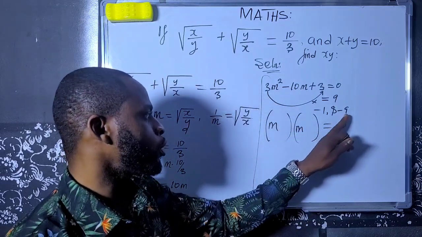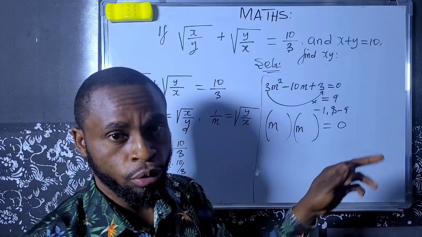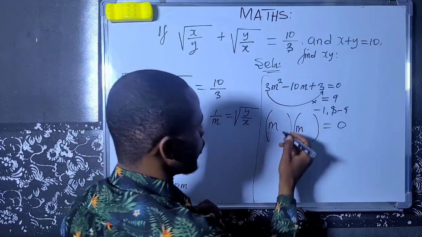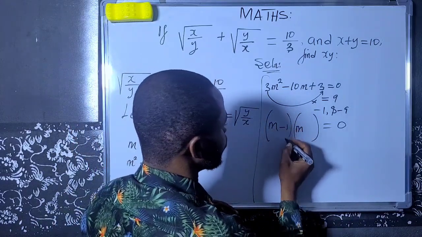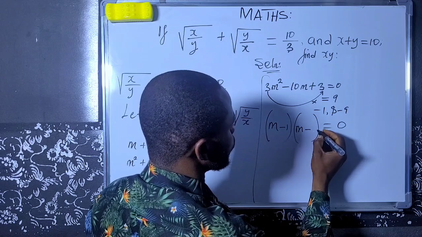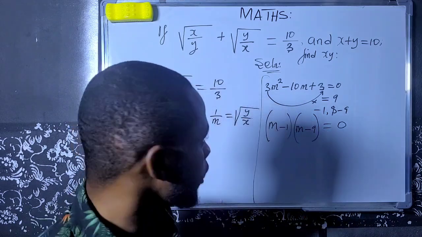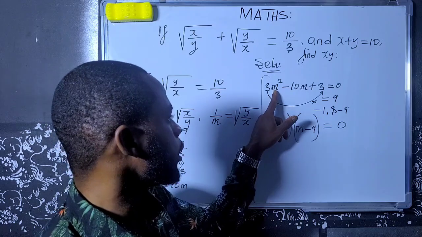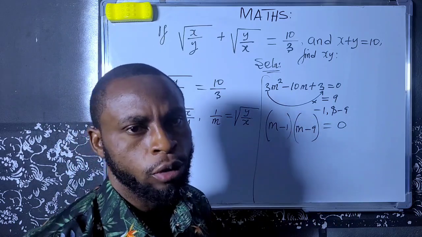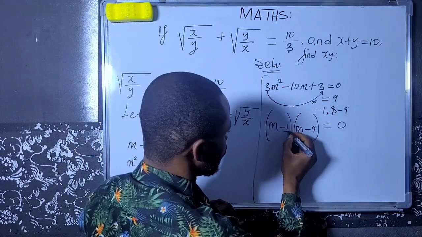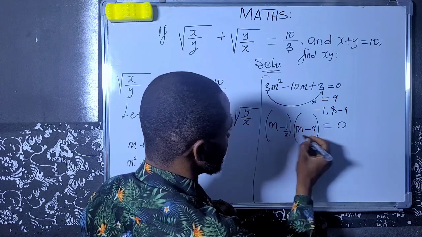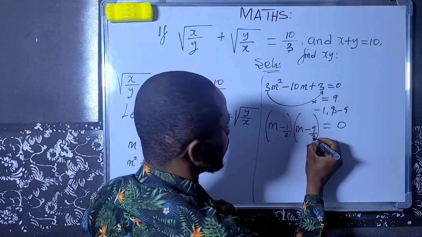Then introduce each of these factors into each bracket. Now we introduce -1 here, then -9 here. But now since the leading coefficient was 3, reduce each of these factors by 3, we reduce this by 3, also reduce this by 3.